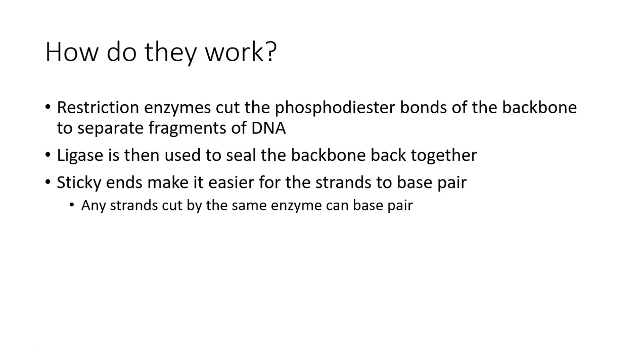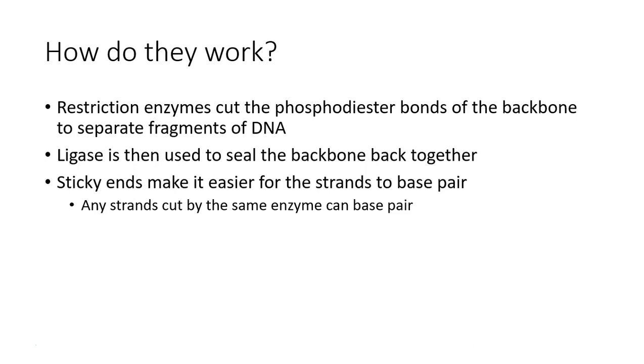So how do restriction enzymes work? Touched on this a little bit, but restriction enzymes cut the phosphodiester bonds, which is the type of bond that we get in the backbone between the sugar and phosphate, to separate fragments of DNA. Ligase is then used to seal the backbone back together. So you can think of it as the glue.